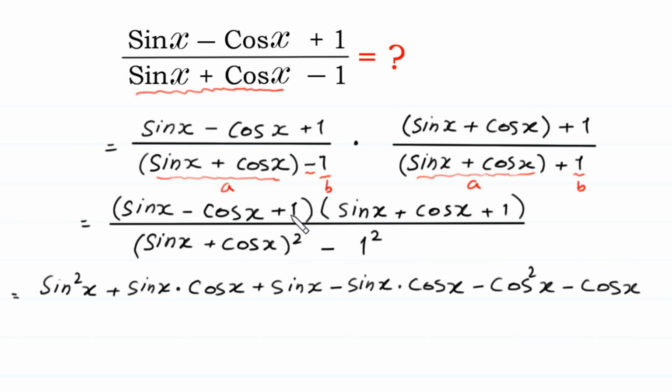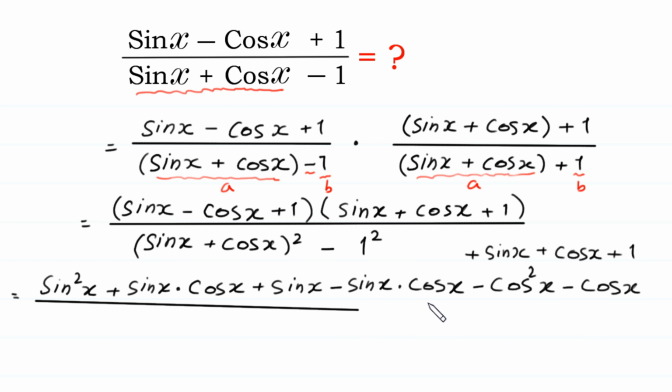Now we multiply this plus 1 by these three terms: 1 time this sin of x plus sin of x, and plus 1 time this plus cos of x plus cos of x, and plus 1 time this plus 1 plus 1.